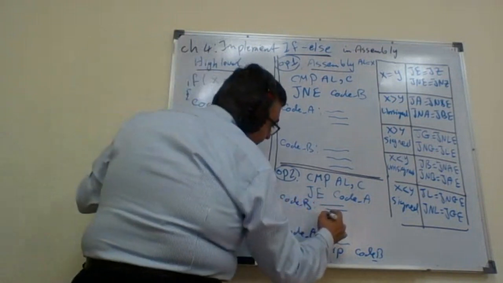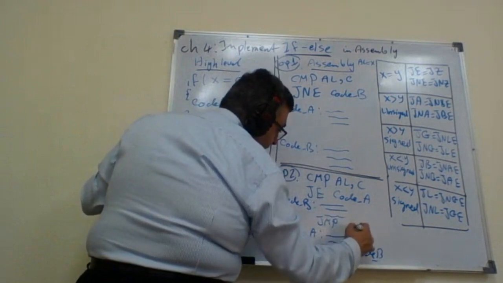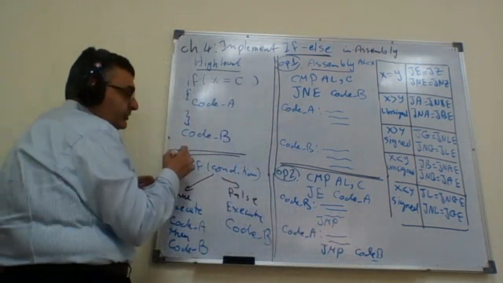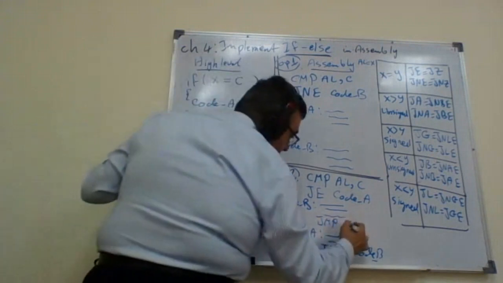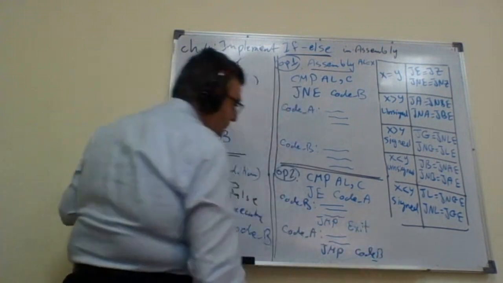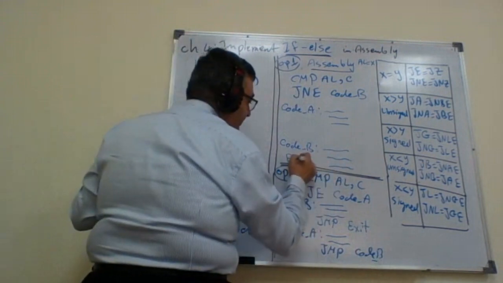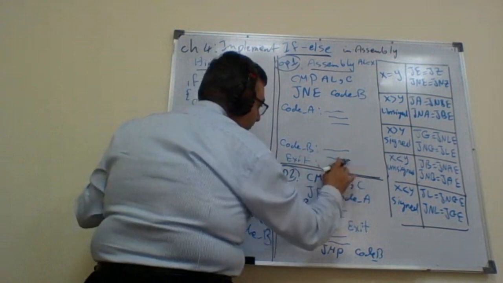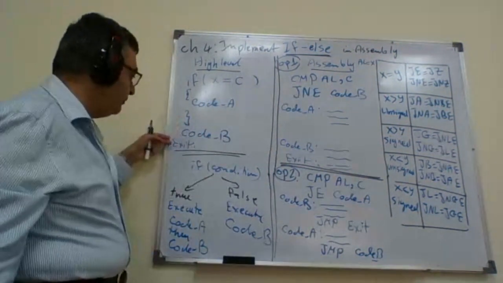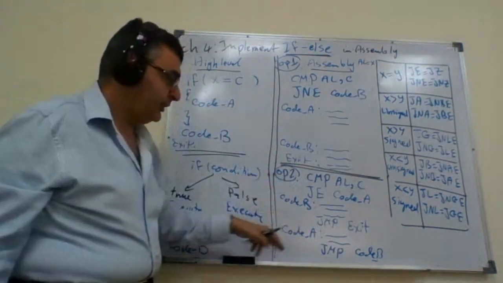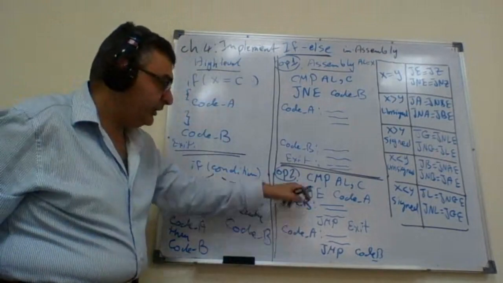I have the rest of the code, and maybe here a jump for whatever comes after B, a jump to exit. Exit will be here. So code for B then exit. I have to jump to exit to avoid code A being executed after B.